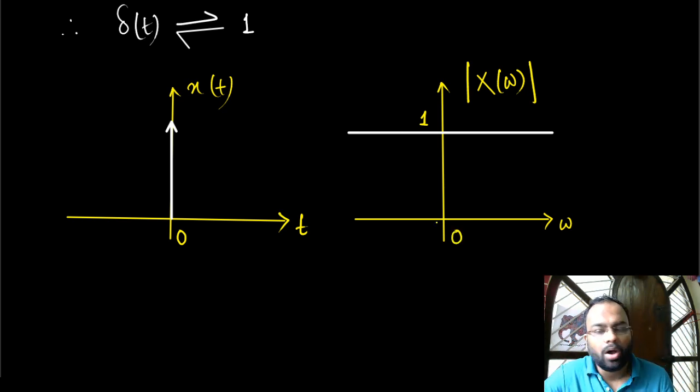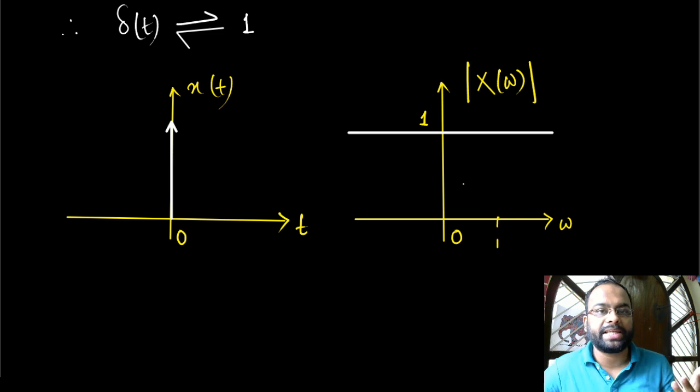Now if I ask you, what is the amplitude of the 0 radian per second component, or the DC component, in delta t? Your answer would be 1. Next question, what is the amplitude of the 1 radian per second sinusoidal component in it? You find out 1, okay, fine.